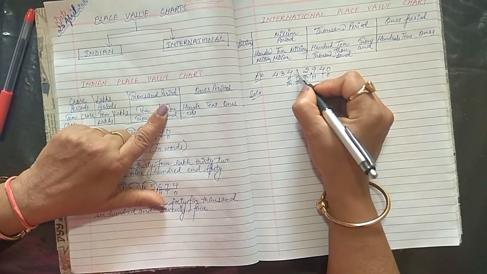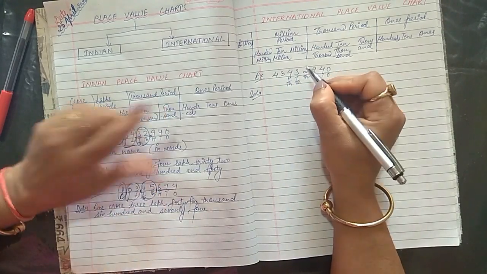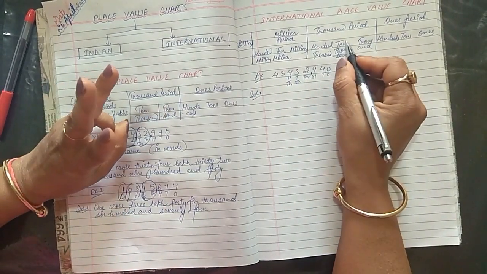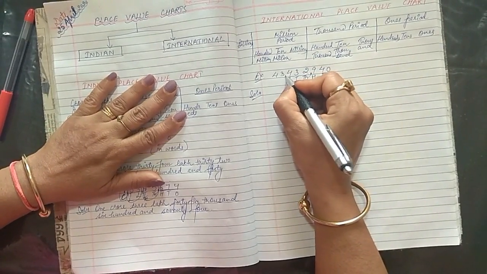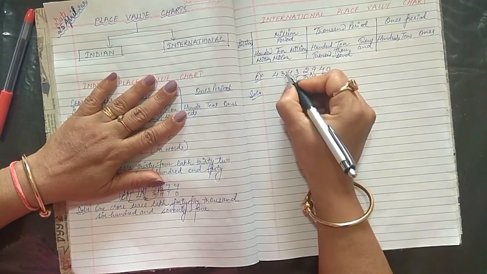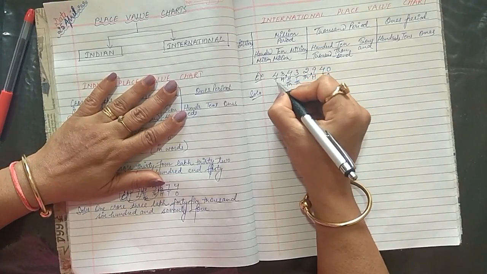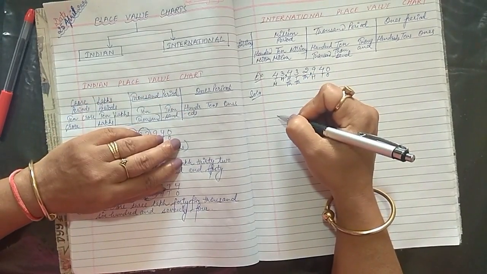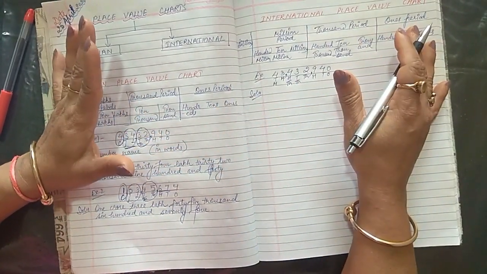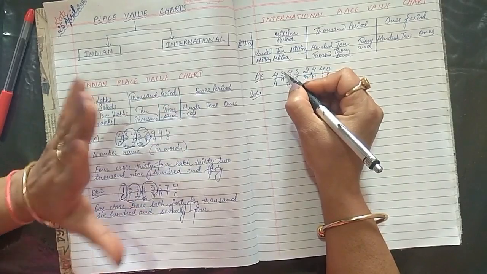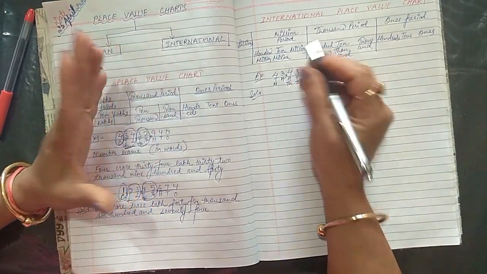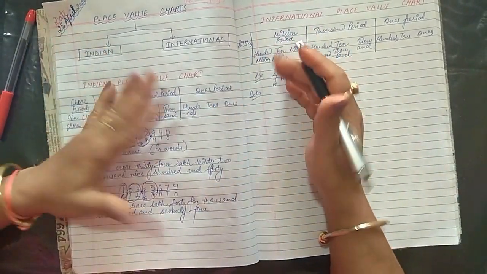Now see, there is one difference. There is 1,000, 10,000 and 100,000. Three numbers are there in the 1,000 period. So we are going to put comma over here. Now this is million and this is 10 million. Get it? Now again it's very simple. How we are going to write it? We are going to read each period individually. How?